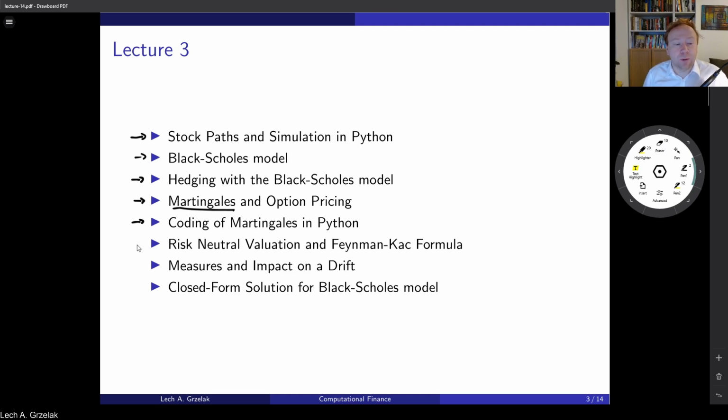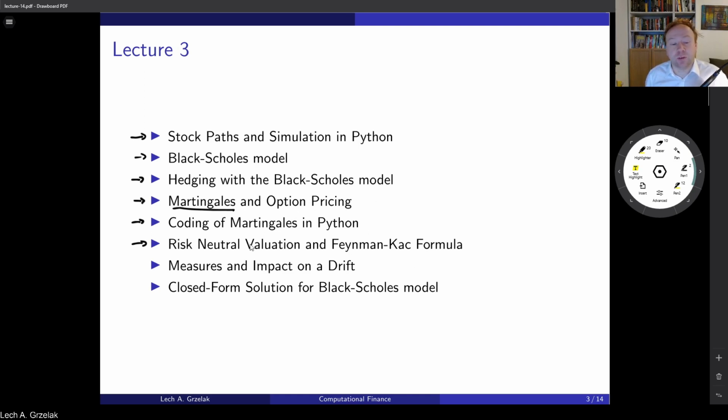Another important point in this lecture is the relation of risk neutral valuation and the Feynman-Kac formula. So this is a relation between pricing using PDEs and Monte Carlo simulation, and the expected value, or discounted future expected value. So this is super important for computational finance.